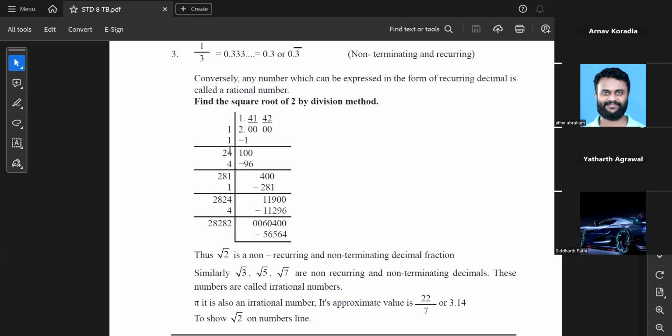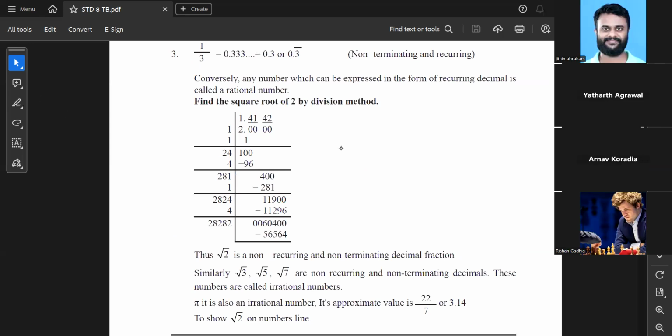And by the way, somebody in the beginning had asked about 2 root 2 upon 4. As I had already told you, one simple justification is that this is not a single number. It's a combination of two numbers. Now when you multiply, root 2's value is 1.414, so the fraction becomes 2.828 upon 2, which is not a rational number.